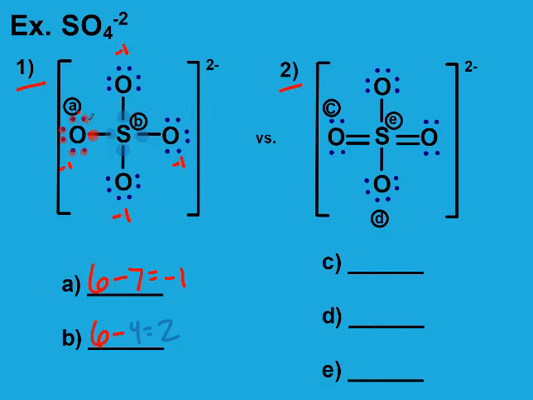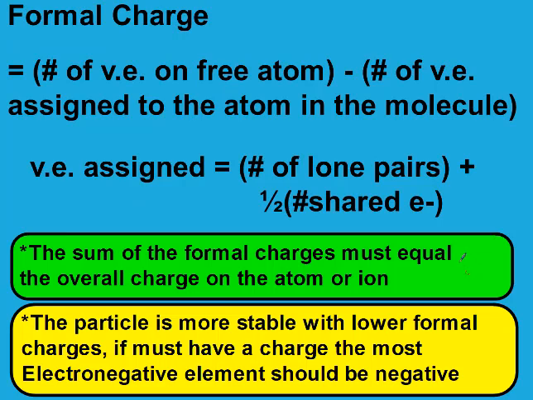I didn't have you calculate the formal charge for all the oxygens because if you look, they're all exactly the same. They have 6 electrons that are lone, and they all have 1 bond. Then the sulfur in the middle has a positive 2. If you add that up, you get a negative 2, which was our overall charge. So from our criteria, we said the sum of the formal charges must equal the overall charge on the atom or ion. Check.